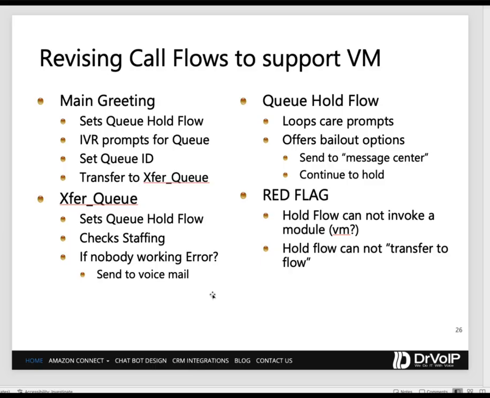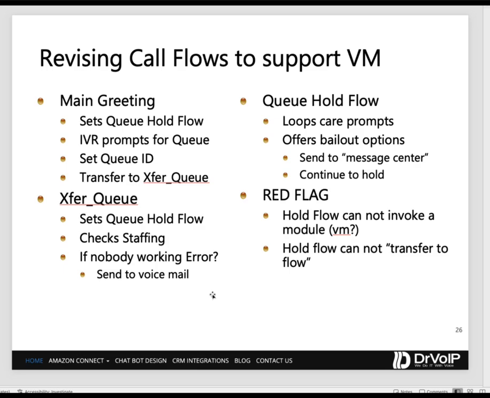Previously in early versions, we transferred directly to queue, but because we want to provide additional information and checks on the availability of that queue, we no longer transfer directly to queue, but we transfer to a new contact flow called transfer to queue.